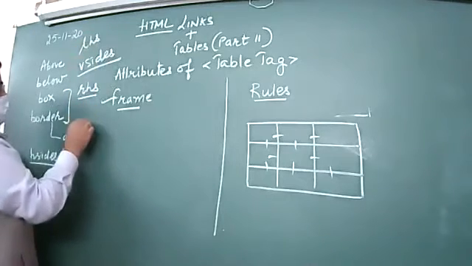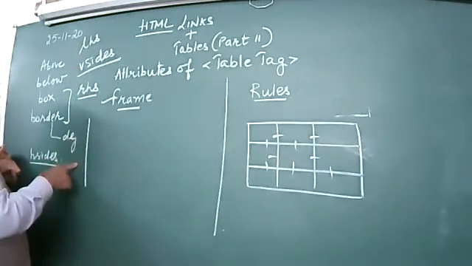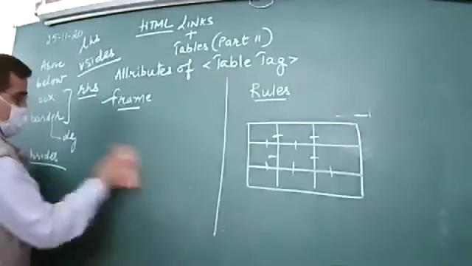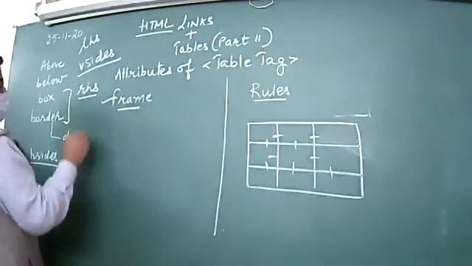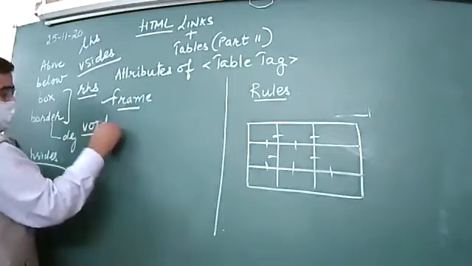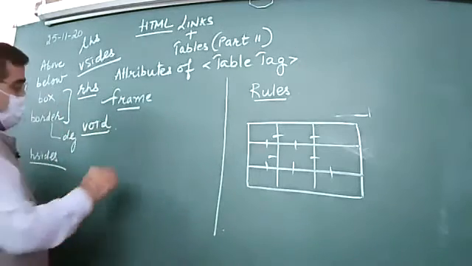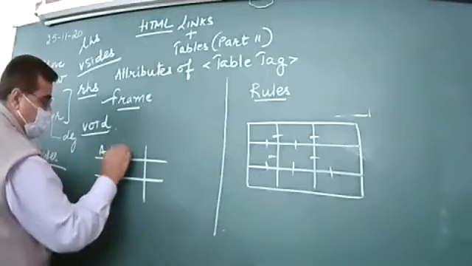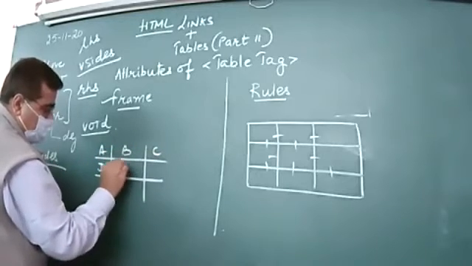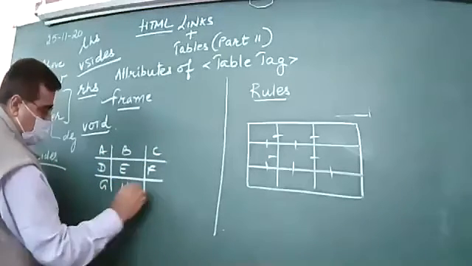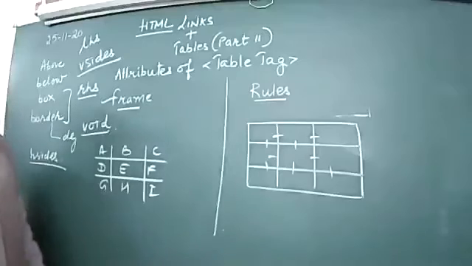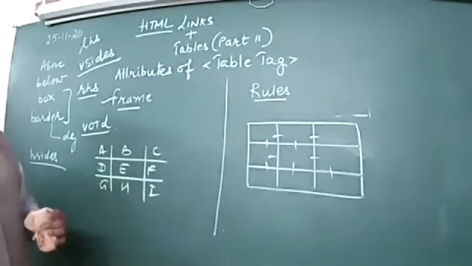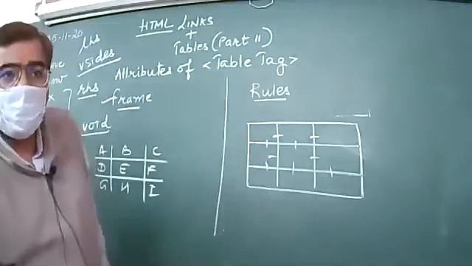LHS, border appearing only on the left side. Void, no border. In this way, the table will be displayed. No border, neither on the top, right, bottom, or left. Am I clear with the frame attribute?